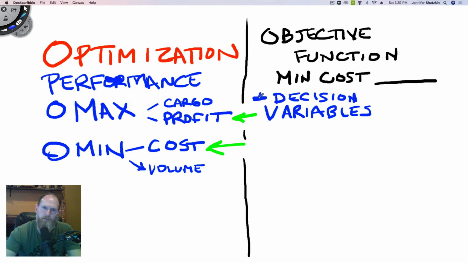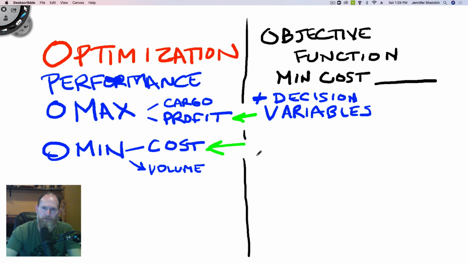We also need to define our decision variables. And these are the things that we want to decide how much we're going to do where, or at least have Solver decide that for us. In our example today, that's going to be how many units we move along a particular route, or we're going to call them channels today. So we have decision variables.